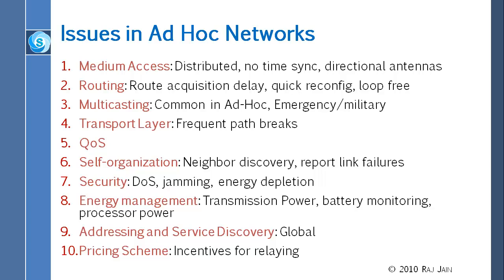And then quick reconfiguration is the issue, that if somebody moves out, which people do because these are all mobile nodes, we have to be able to take care of that very fast and loop free. It's just like any other routing issue. We don't want to be going around in a loop, otherwise the message will never get out. And so we really need a bigger picture of the whole network to ensure that there are no loops.